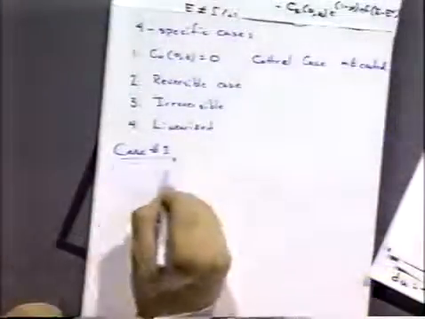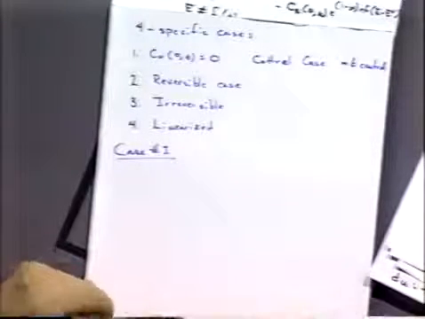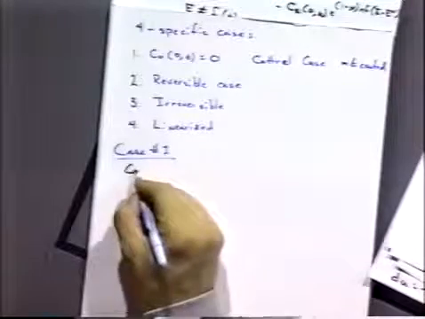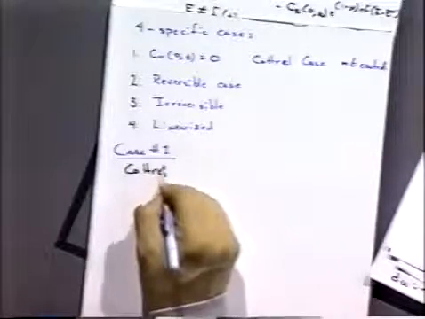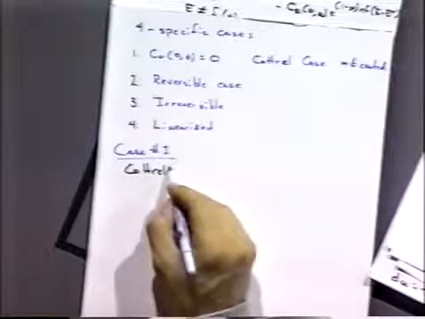Look at case number one, and that's the case that everybody is always starting out in solving these with, so it will not be any different. Case number one, what we're going to derive is the equation called the Cottrell equation.